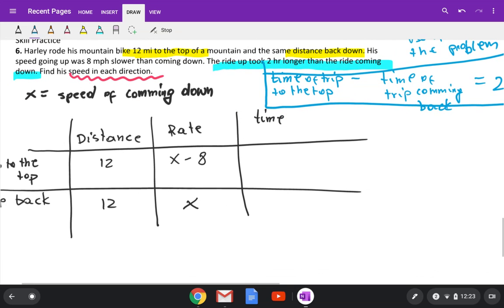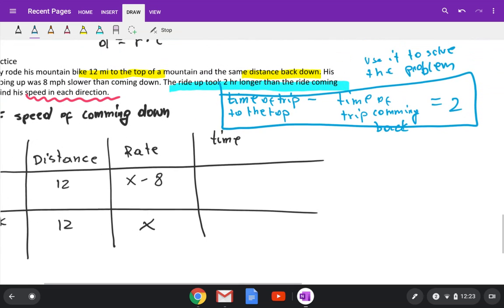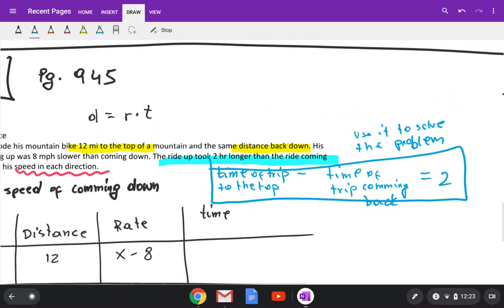Since I don't want to introduce a new variable for the time of the trip to the top and the trip coming back, what I'm going to do, we did that before, is use the distance formula and solve it for t. So I'm going to solve for time. To get time, we just need to divide each side by r.